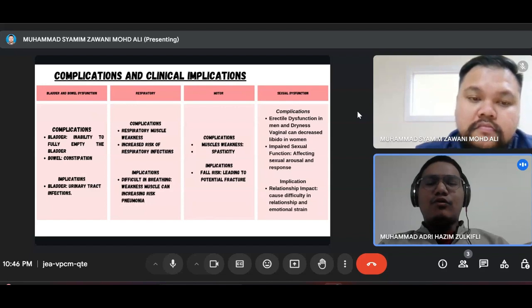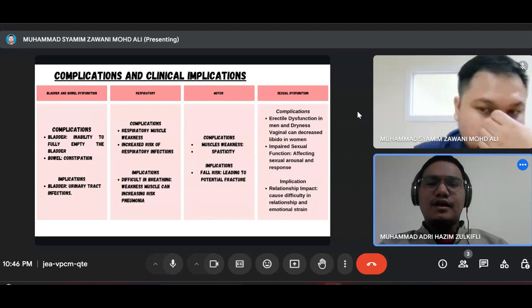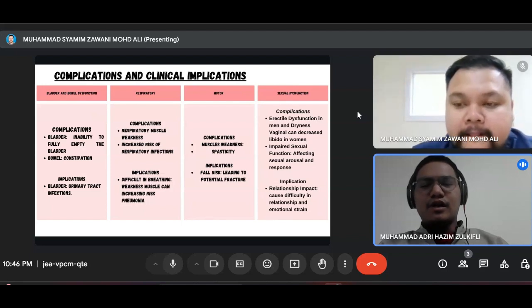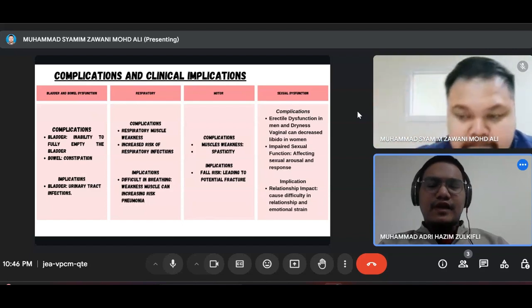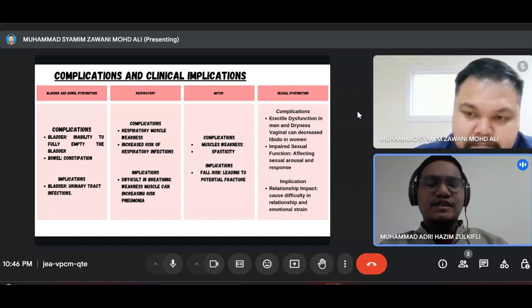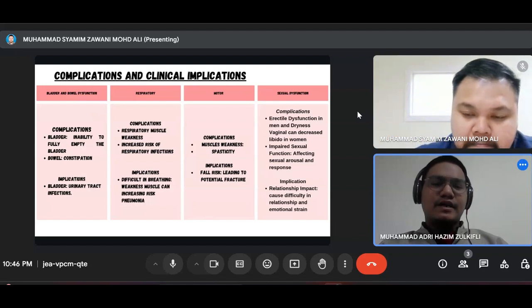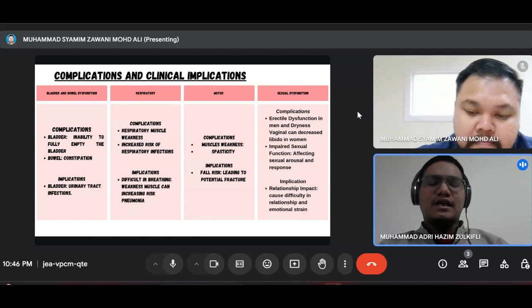That can make the bladder unable to empty fully, and for the bowel, it can cause constipation for the patient. From these complications, the implication faced by the patient is urinary tract infection.